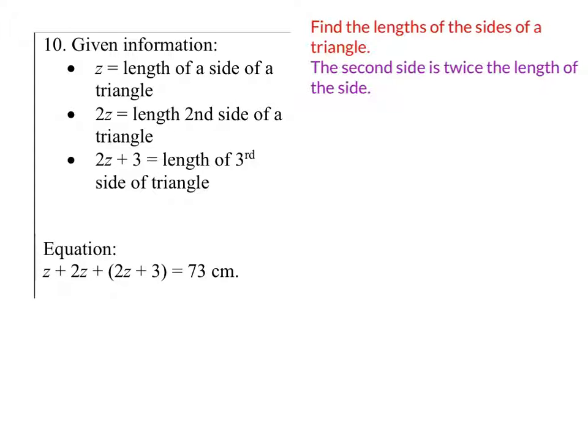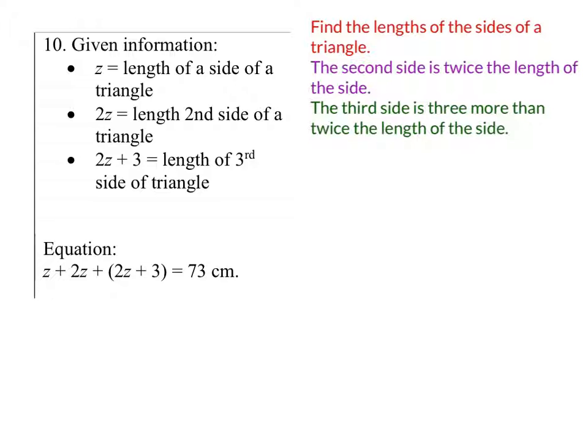Okay, that's good. That should work out pretty good. Then we got the length of the third side. The third side is 3 more than twice the length of the side.